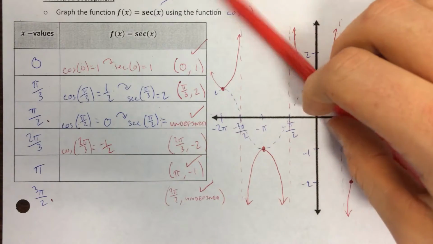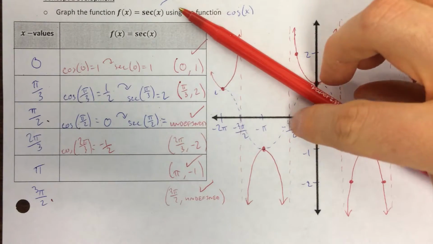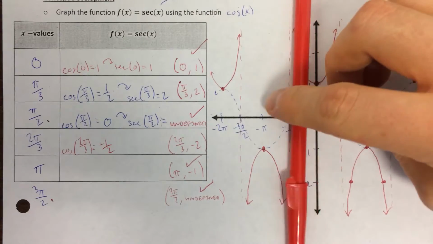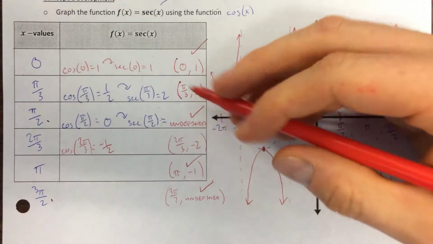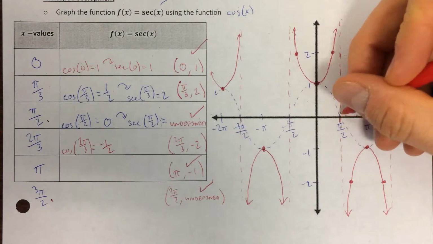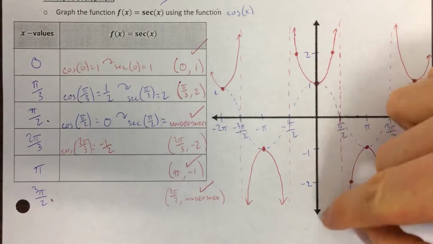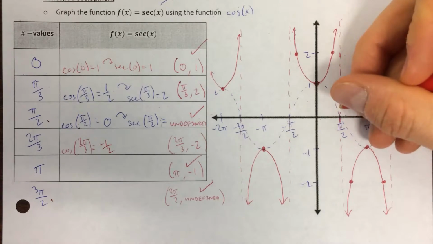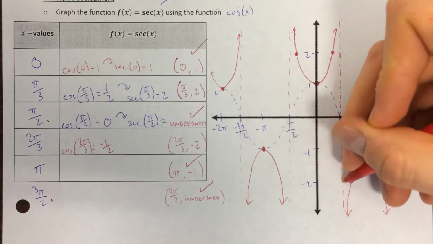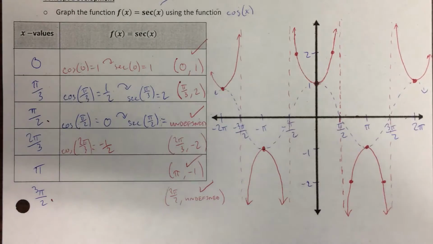If it tilts this way, slope is negative. If it's straight up and down, then our slope is undefined. So what's happening at pi over 2 is the function takes no value at pi over 2, so we draw a dotted line to signify that the function will not touch or cross pi over 2.